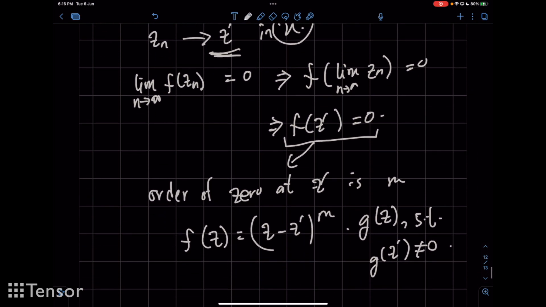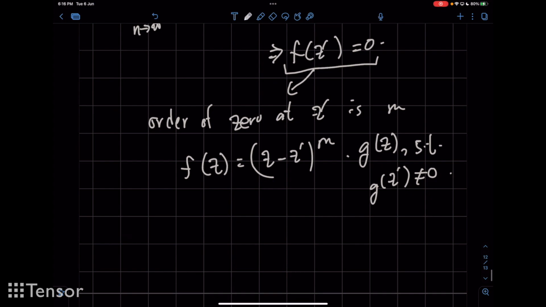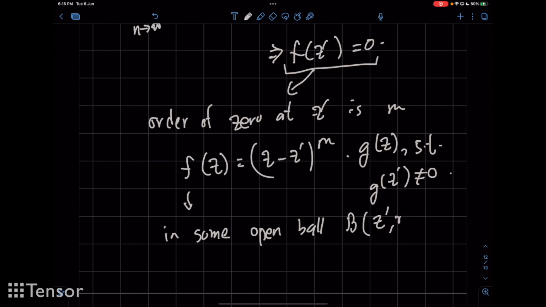By the definition of order, we can factor out (z minus z prime) to the power m, and this holds in some open ball with radius r.